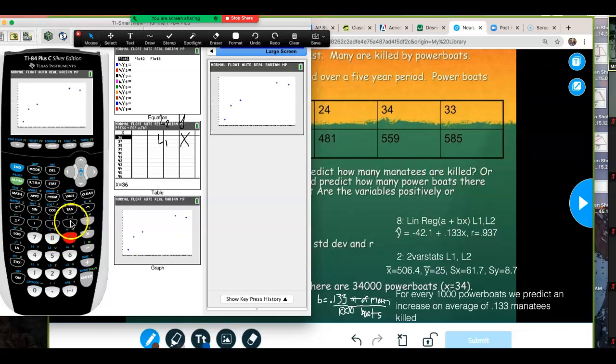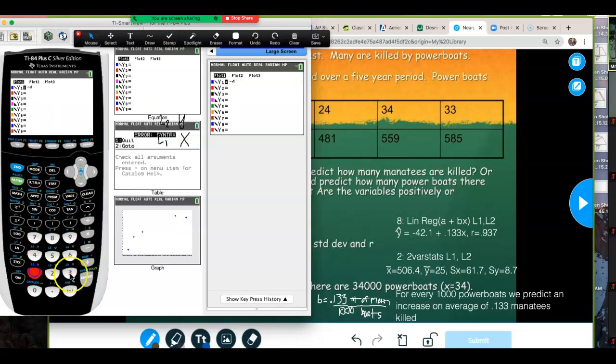So I want to put the equation of the regression line on there. I want a line on that graph. I could draw a line with my drawing tool, but it won't let me. Never mind. I want the equation of the line, so I'm going to press y equals and put in the equation negative 42.1 plus 0.133x.